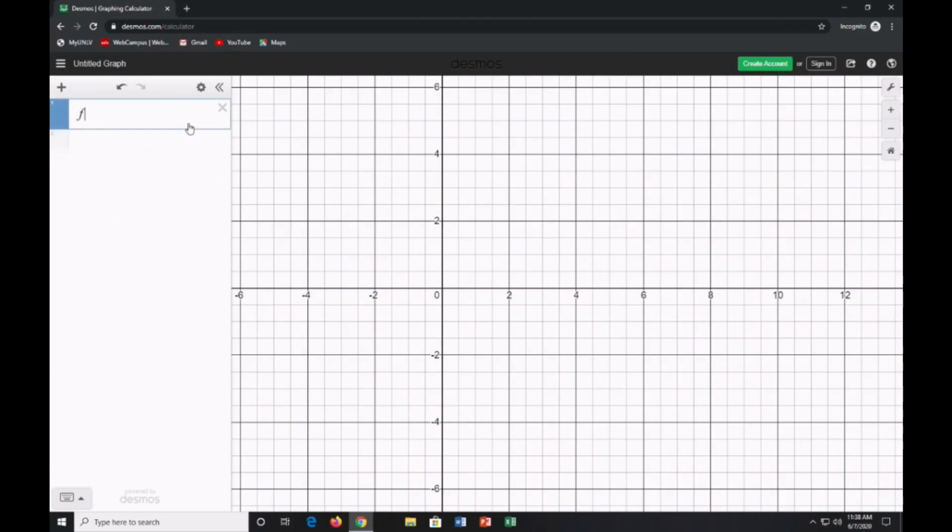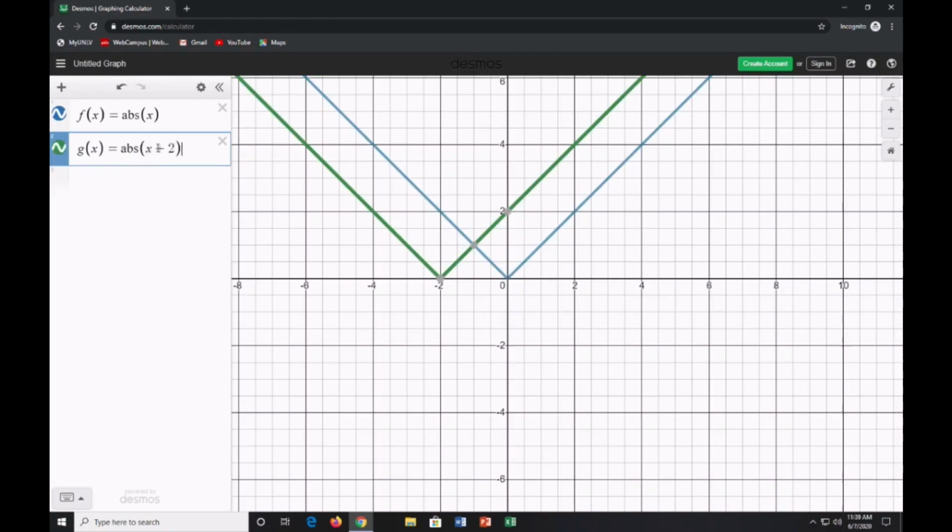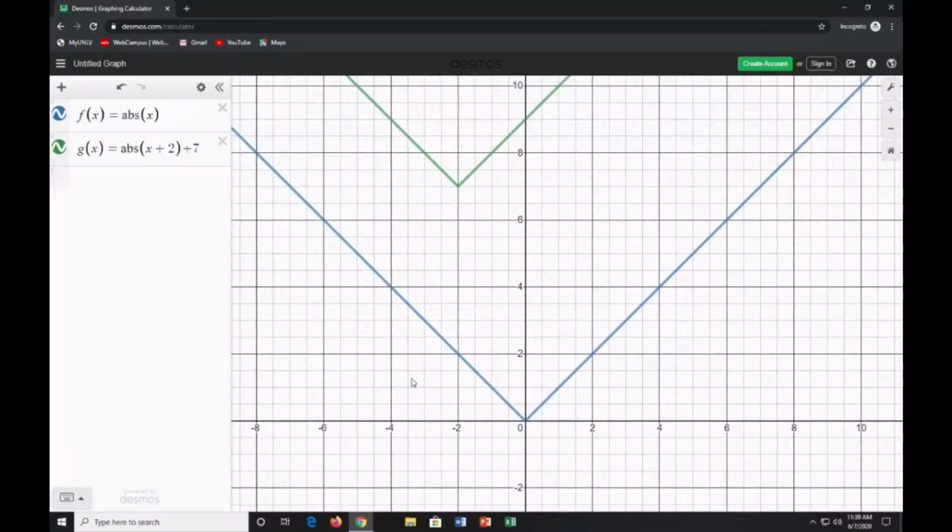So do we have the absolute value function like that? That's the graph of that. That's with no transformation, right? Now there comes along g of x function, and it wants to transform that according to this. Absolute value of x plus 2 and then plus 7. Okay, so it's way up there.